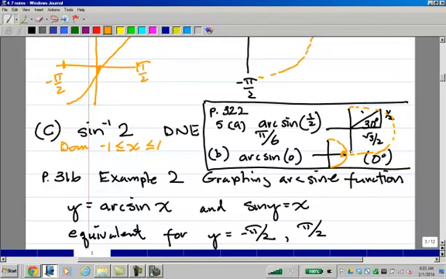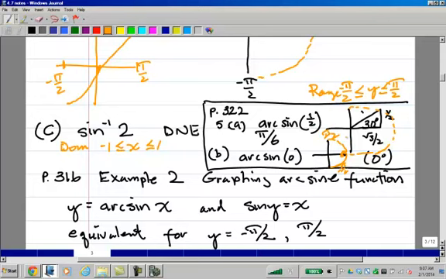But we don't care about those angles because the range for the arc sine is y less than or equal to pi over 2 and greater than or equal to negative pi over 2. So the only angles we're considering are from pi over 2 to negative pi over 2. Nothing else. Okay? All right.